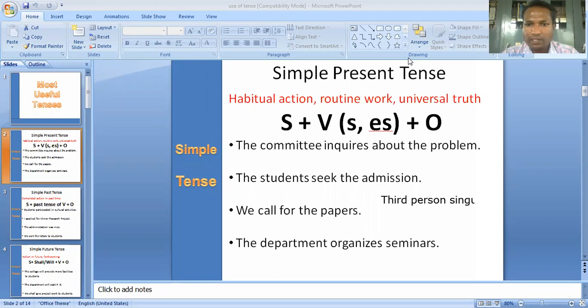Okay. Identify the subject. Which is the subject over here? Jadhav, which is the subject? The committee.